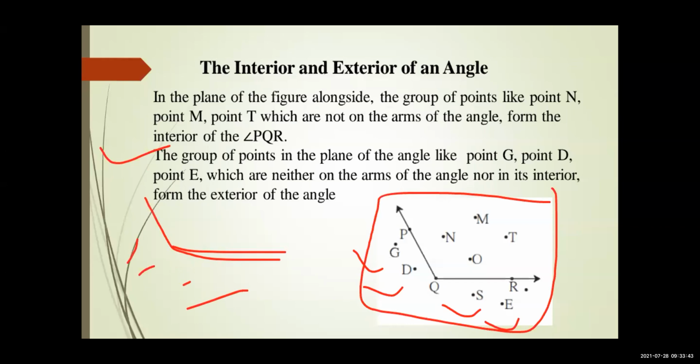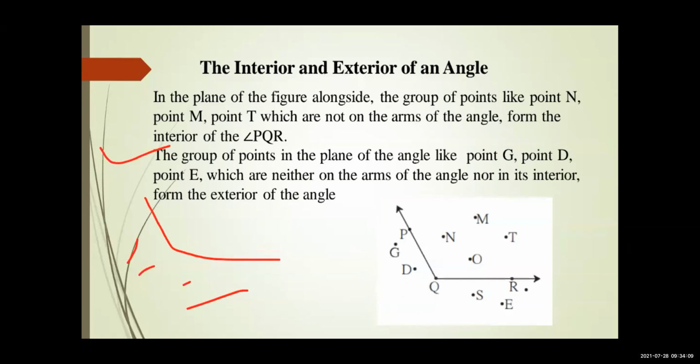That is the exterior of the angle PQR. So the exterior points of angle PQR are point G, point D, point S and point E.